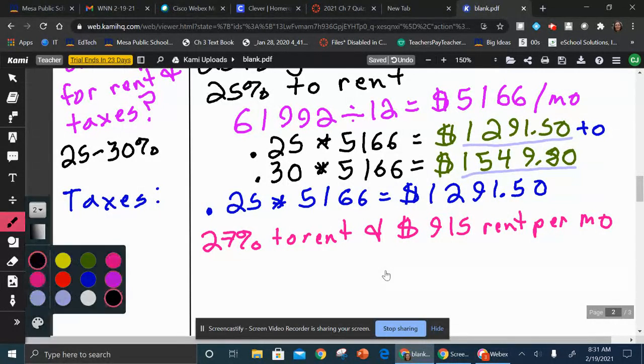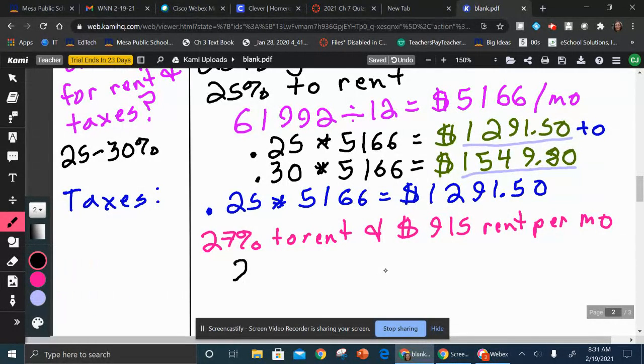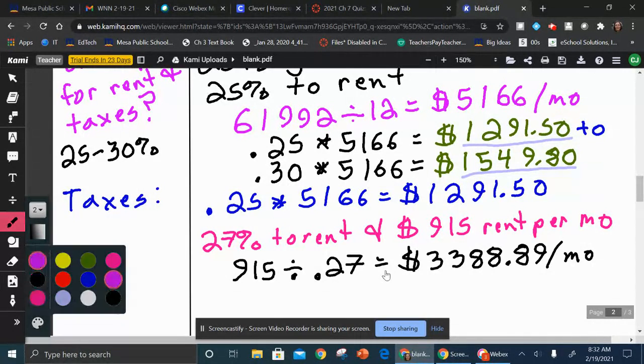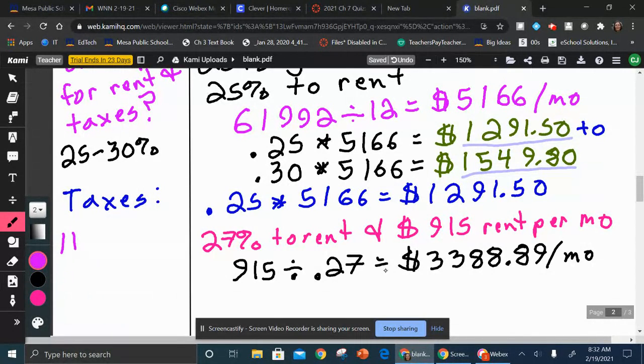We're going to take the 950 and divide it by 25% as a decimal. Remember, round to the cents place, so we got $3,388.89 per month.